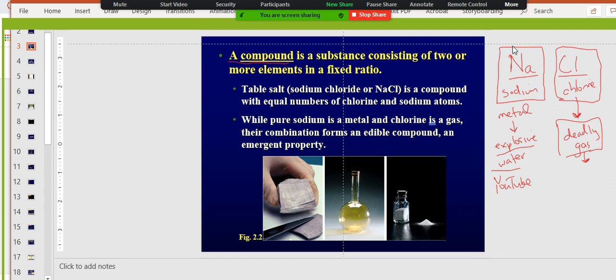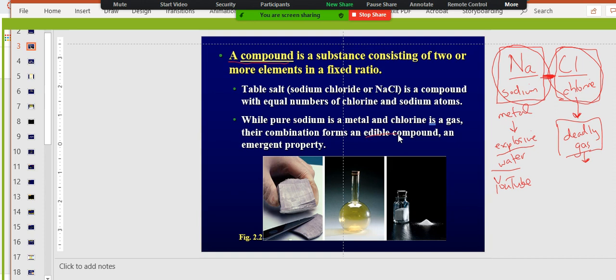So we have an explosive metal, and if you don't believe me, look it up, and a deadly gas, and you put them together, and what do you get? Table salt. So just by linking these two elements together, you've taken something that's explosive and deadly and made it into something that I would consider delicious.